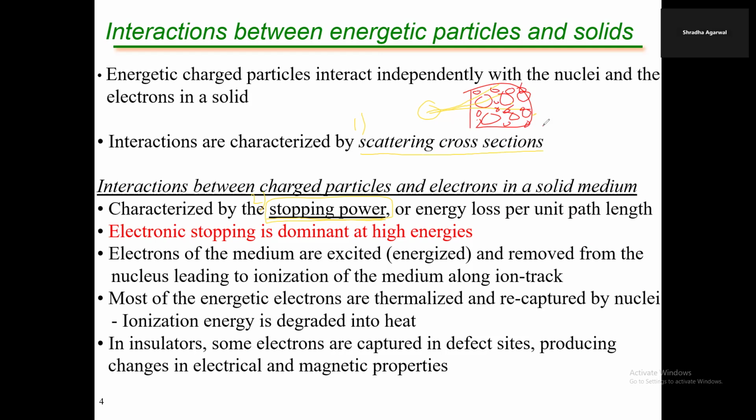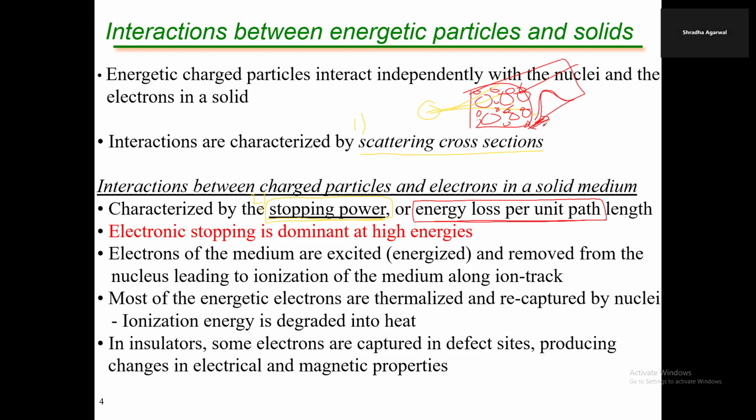Now, when this particle is coming, it starts interacting from the very beginning, and ultimately it will stop somewhere in your material, right? Let us do it in 3D. It gets in and stops somewhere. But you can calculate the energy loss per unit length, and that is your stopping power.